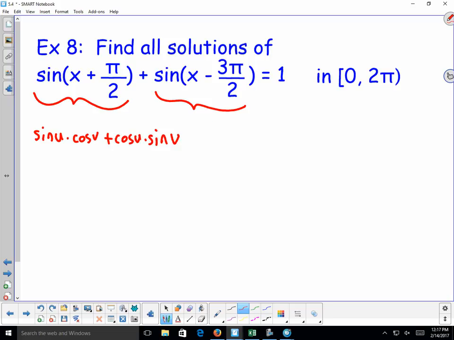And then this one, you're going to have to use the other formula, sine of u minus v. You're going to fill in x wherever you have a u here, and pi over 2 for v. Here, you're going to fill in x for the u and, not negative, just 3 pi over 2 for v, right? So go ahead and do that, simplify what you have, talk to each other on this.